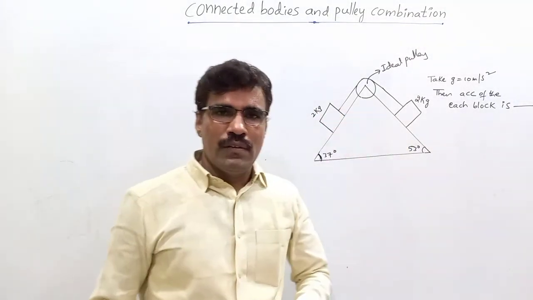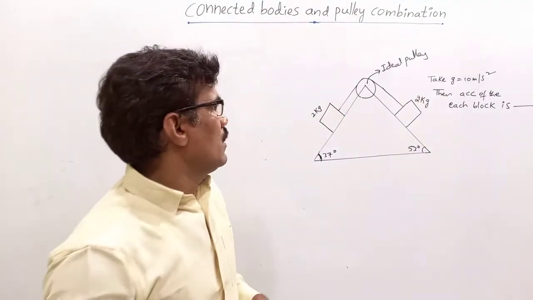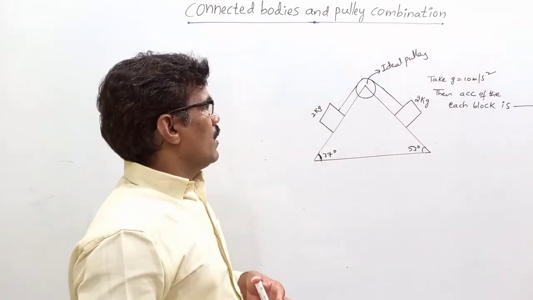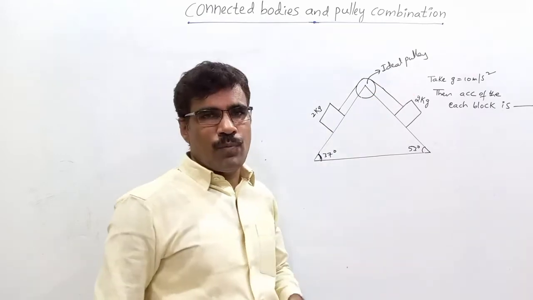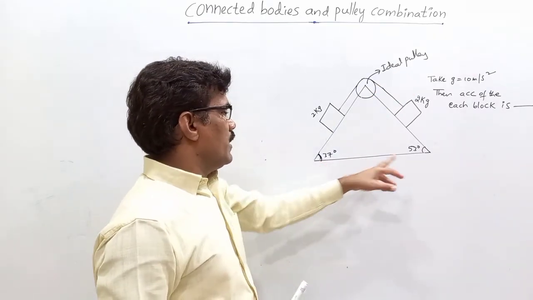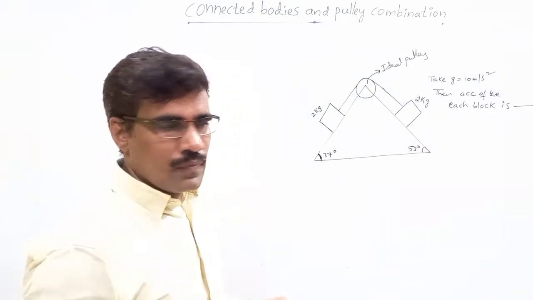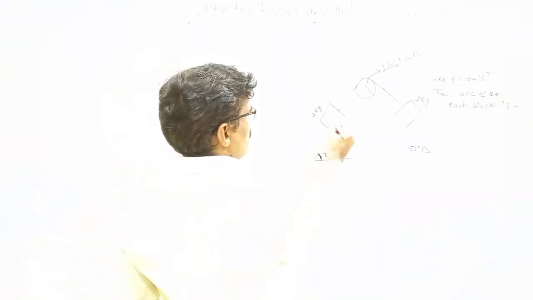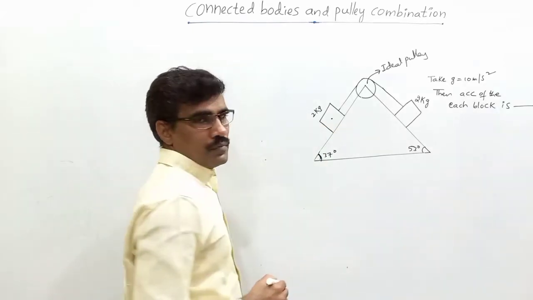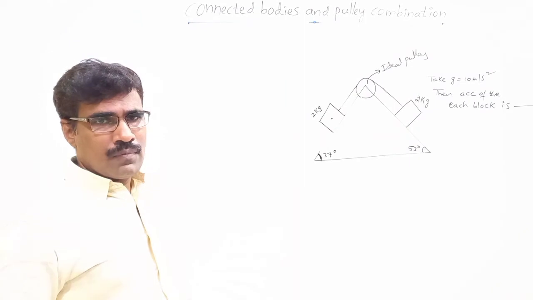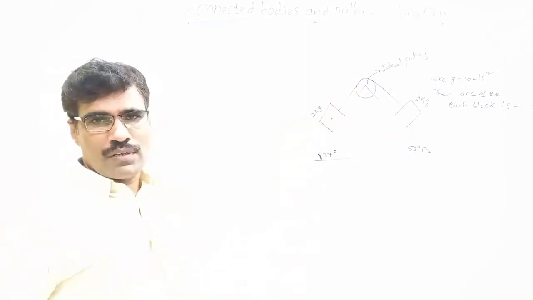Here two blocks are there, each 2 kg. They are connected with an inextensible string. The pulley is fixed, that is the ideal pulley. The angle of inclination is 37 degrees. Then find the acceleration of each block. So here, how many forces are acting on this one? One is its weight, another one is the normal reaction, and the third one is the tension in the string.